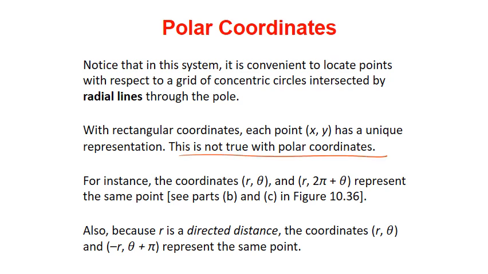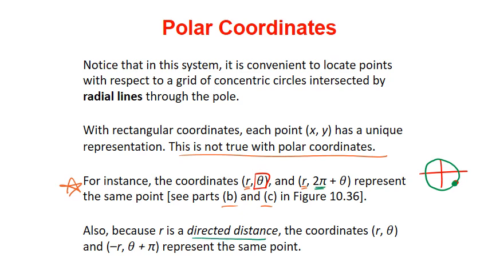I illustrated that in the previous slide for parts B and C. You can have the same directed distance, but your angle could be different. If you have this ordered pair here, remember that if you add 2 pi to it, you'll get the same thing, and that's what's illustrated here.